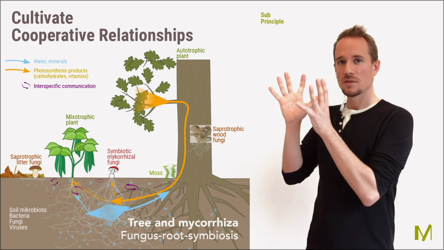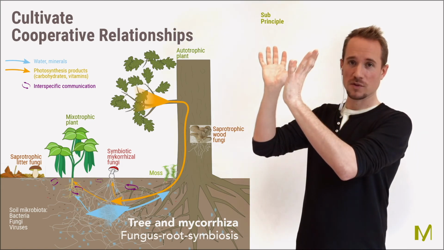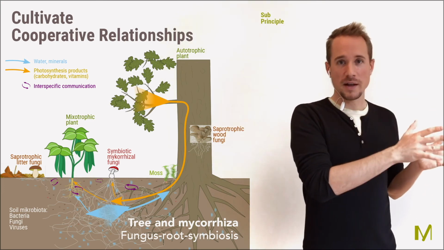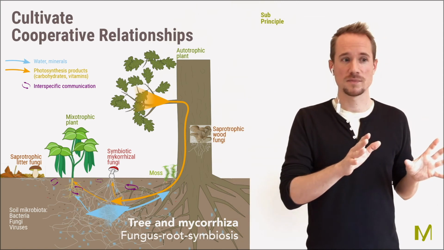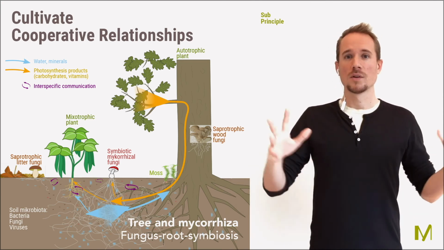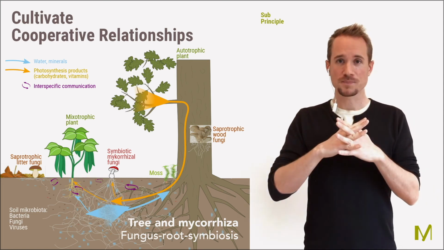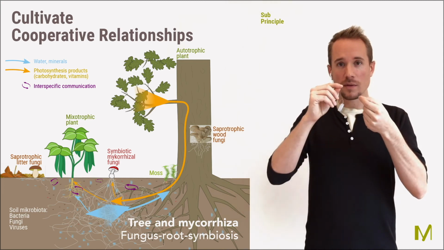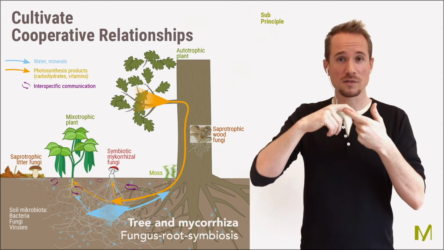So trees need water, they don't need sugar, they make it themselves in photosynthesis, they don't need it from the soil. Many fungi in the soil need sugar from somewhere, they can't make it themselves, but they have plenty of access to water. So many of these fungi and trees have formed a relationship where actually the fungi grow to the root tips, sometimes even into the roots or even into the cells of the roots.